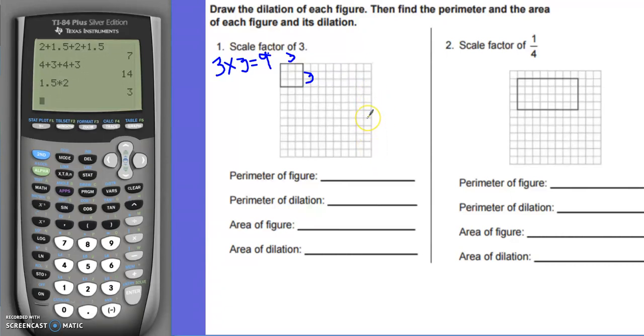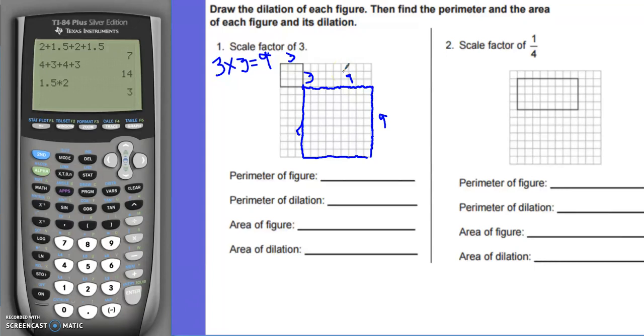So if we did 1, 2, 3, 4, 5, 6, 7, 8, 9. So this would be 9 by 9.